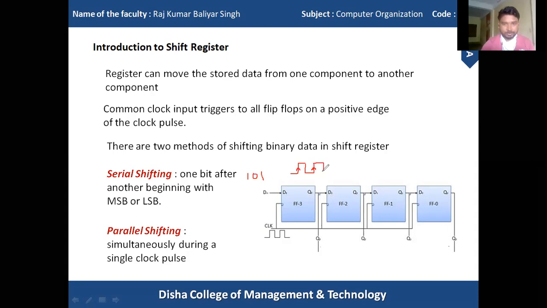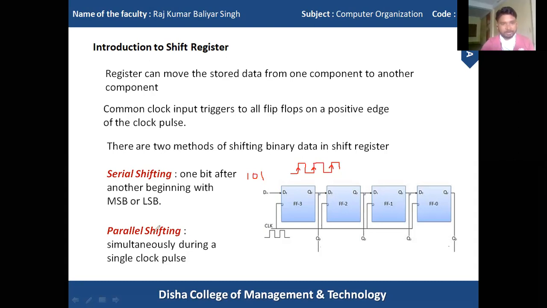Then it goes down, and when it is high again, the third bit transfers. That means to transfer 3 bit data in the serial shifting method, we need at least 3 clock cycles.